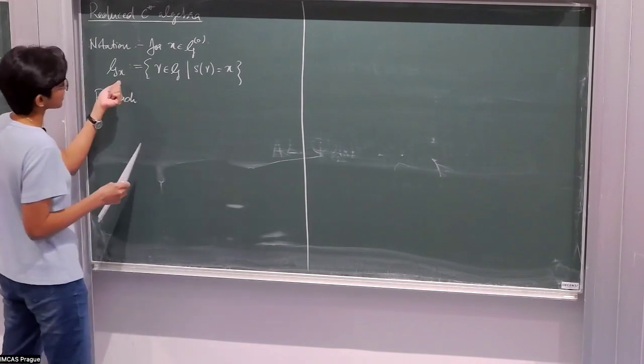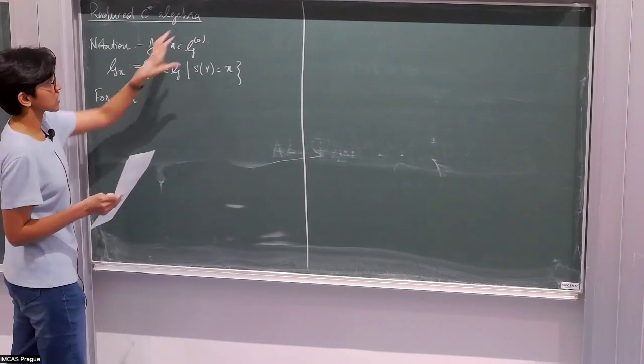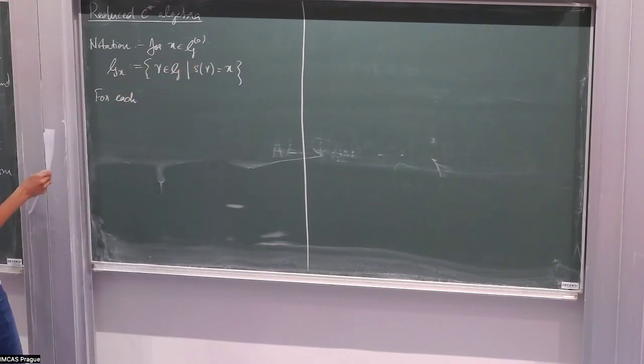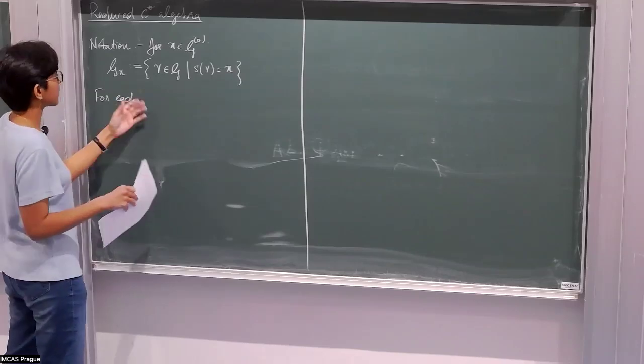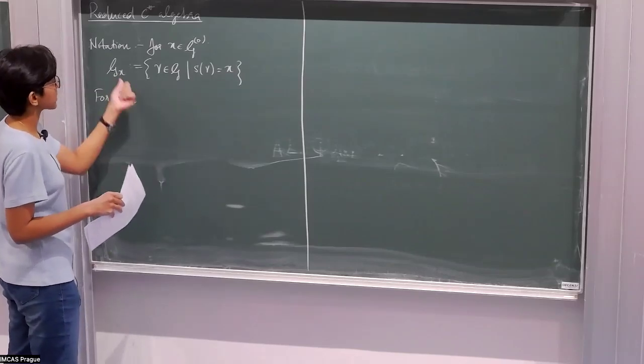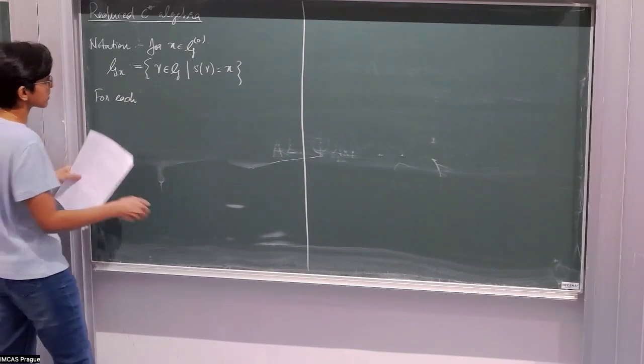But now what happens is that the groupoid is, in some sense, more scattered than the group. So we would have to consider several representations, and then we would just take the direct sum.